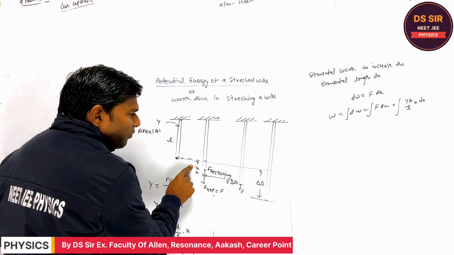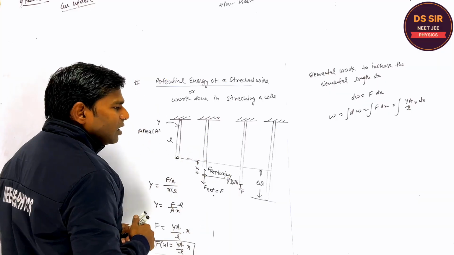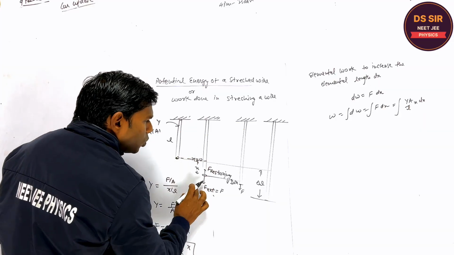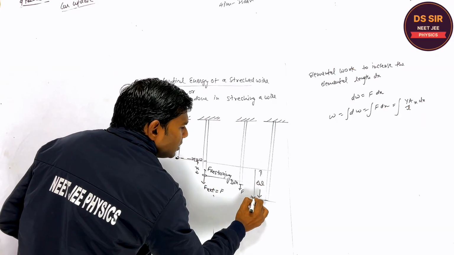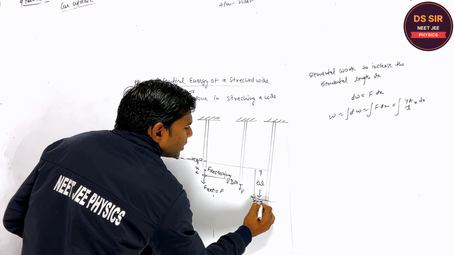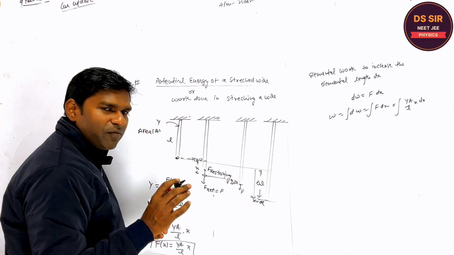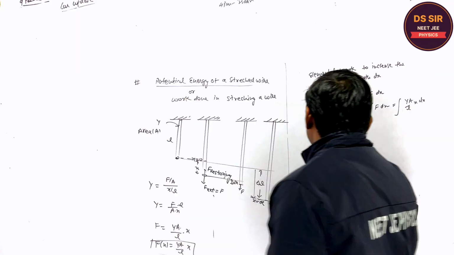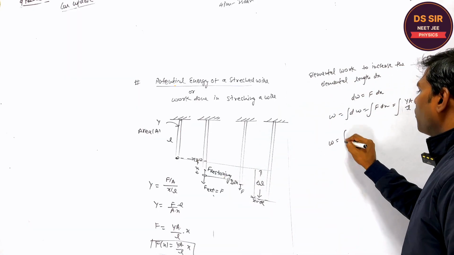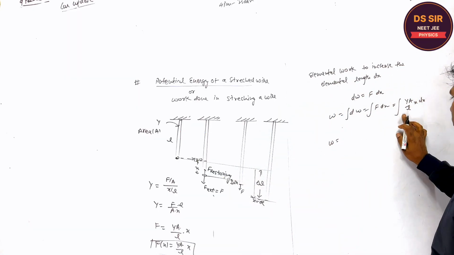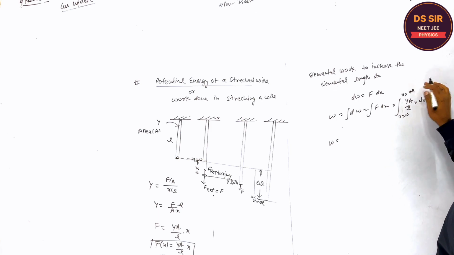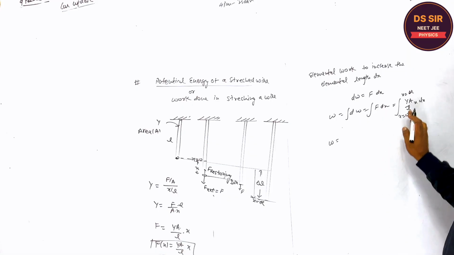So the value of x, the increment in the length of the wire, goes from 0 to x, which is now delta L. Delta L is the final elongation in the wire. So to find the total work, we have to integrate this from x equal to 0 to x equal to delta L.